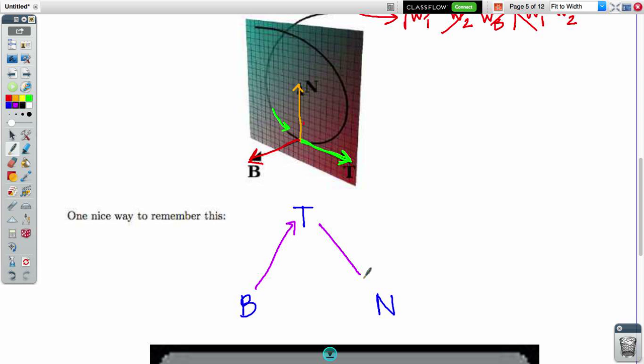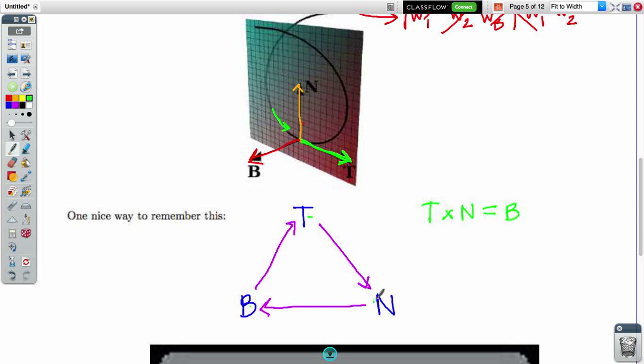So here's the triangle that arranges the tangent, the normal, and the binormal. Let me just make sure that I'm doing this right. Yeah, so if I read it this way, tangent cross normal will give you the binormal.